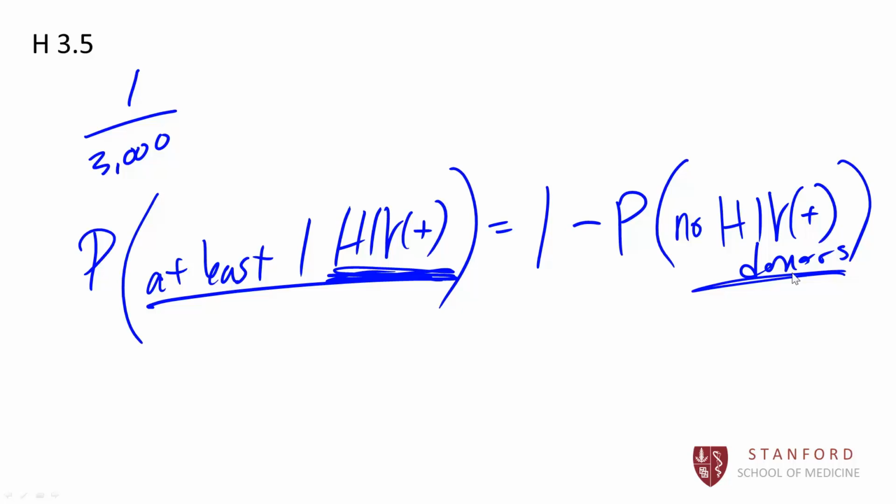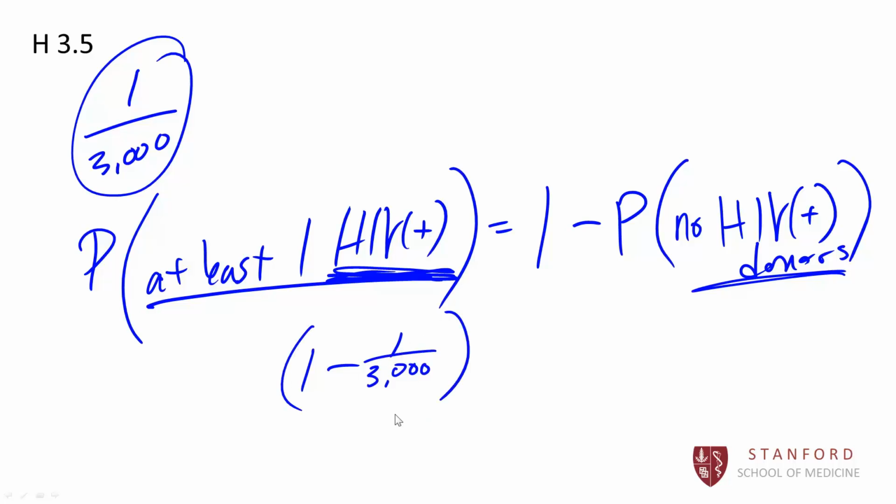And so what is that probability? So if the prevalence is 1 out of 3,000, then what we can do is do 1 minus 1 out of 3,000, okay, to get the probability of no HIV positive donors. And of course, these are pooled over 1,000 donor lots, so I'm going to raise that to 1,000.